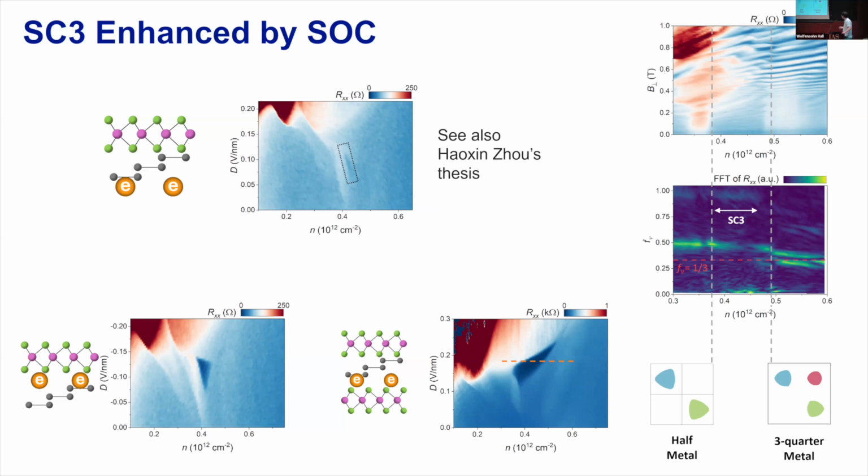That corresponds to roughly a 3/4 metal, meaning 3 out of the 4 isospin copies are occupied, but maybe one of them is slightly different in exact size from the other two. That's why there is a splitting. And superconductivity happens in between them. Again, this is still aligned with the picture that superconductivity happens at phase boundaries of some isospin symmetry breaking transition.